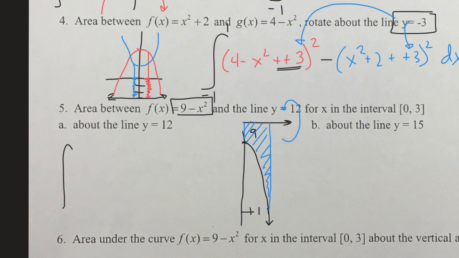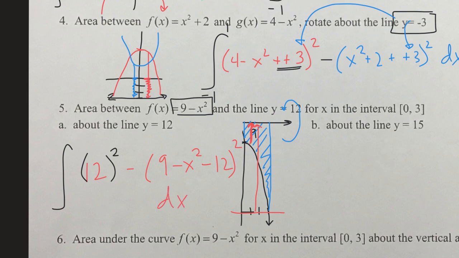Okay, so we have two integrals, right? So the first one is this length from here, right? Your first radius is simply 12, right? That's the first radius, minus your second radius, which is given to us by the graph of 9 minus x squared minus 12.